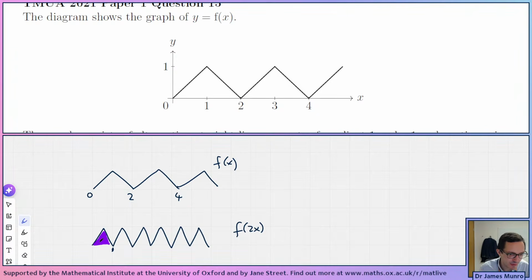And as I hinted before, you're allowed to know the area of a triangle. You don't have to use integration if you don't want to.